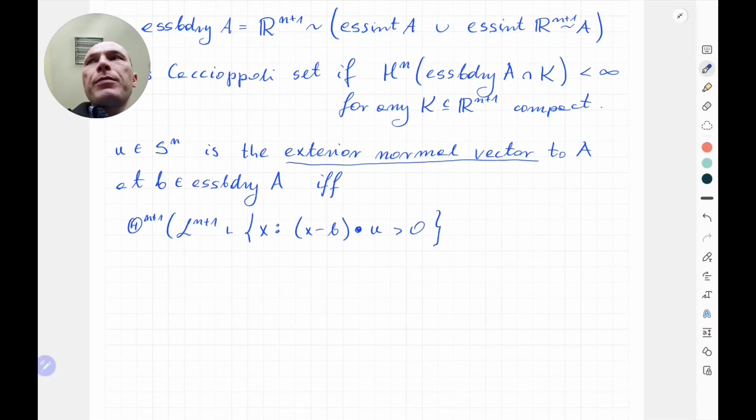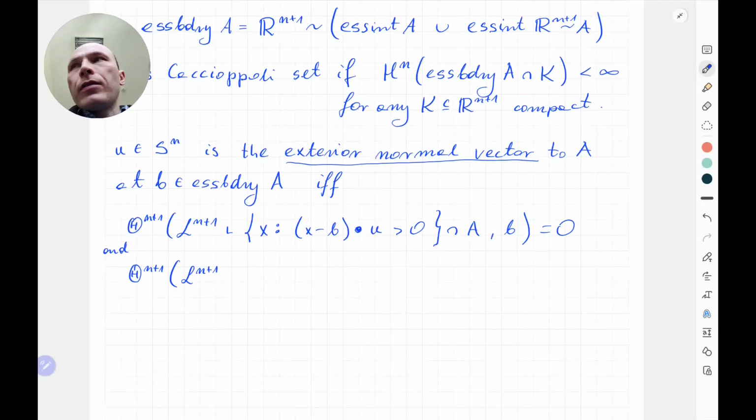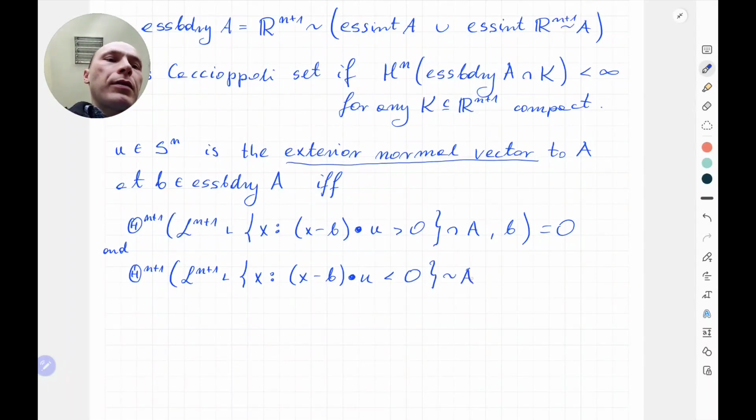I take this half space, intersect with A, and compute the density at b. This should be 0. And a similar condition holds for the other half space, but now without A. And this defines a unique vector U, which we call the exterior normal vector to A at the point b.